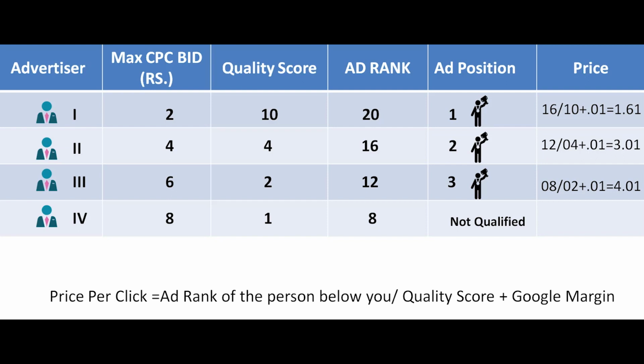Note one thing here: if your ad quality score is better, you can further reduce the actual CPC. So this was the simple arithmetic: how Google Ads works, how ads are selected, and finally how the CPC is calculated. Remember one thing, the quality of your ad matters a lot in this entire process. There are a few guidelines issued by Google in this regard, and we will discuss those guidelines in the subsequent modules.